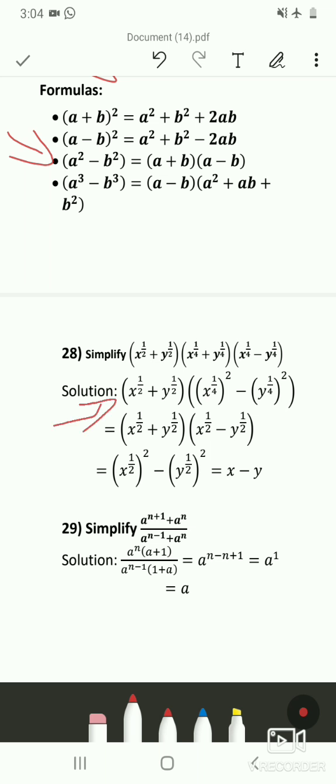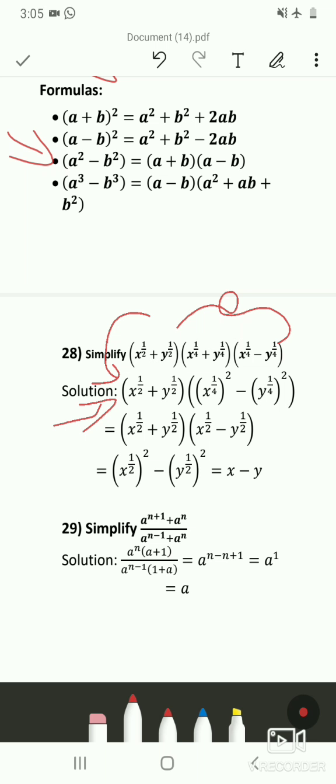So here in the solution the first term is as it is, that is x raised to 1 by 2 plus y raised to 1 upon 2, into this term which I have written as a square minus b square, that is (x raised to 1 upon 4) whole square minus (y raised to 1 upon 4) whole square.